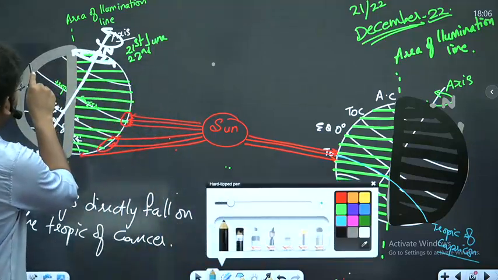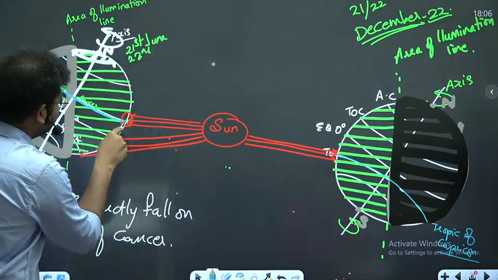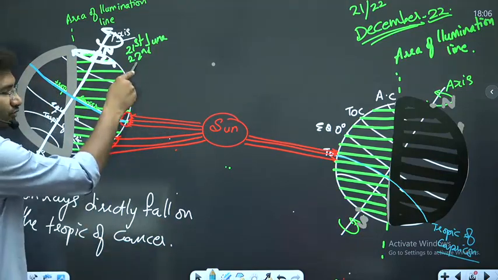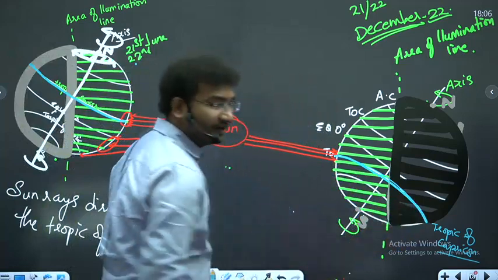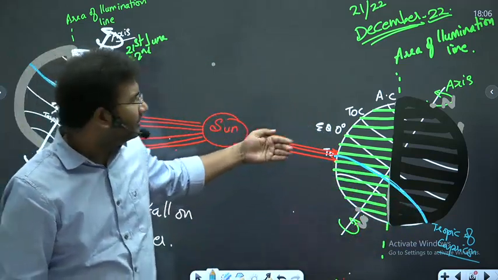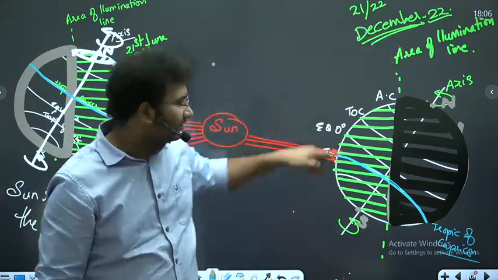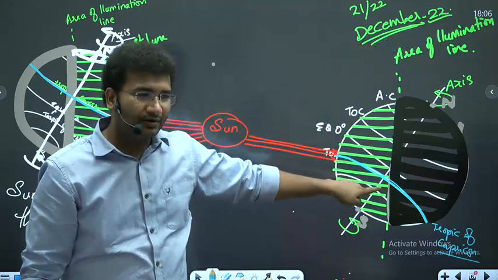I'll draw this Tropic of Cancer with blue line. See, this is Tropic of Cancer during the months of June 21st, and it has shifted its position. Okay. The direct sun rays have shifted their position in the month of December 22nd to Tropic of Capricorn.